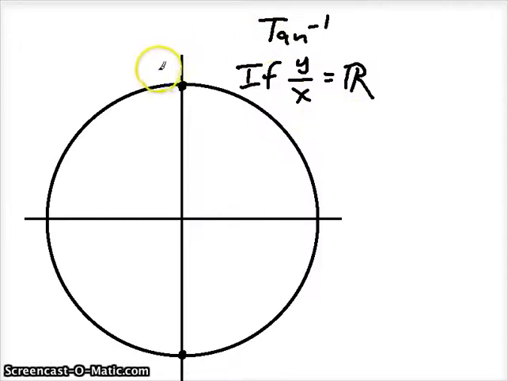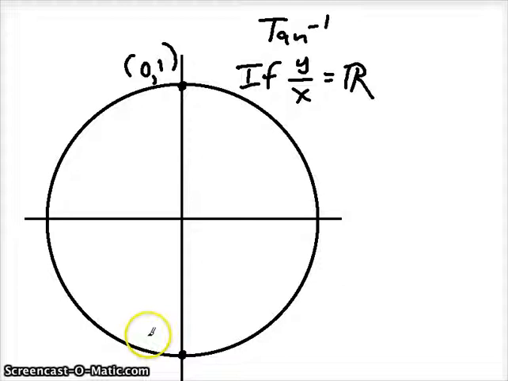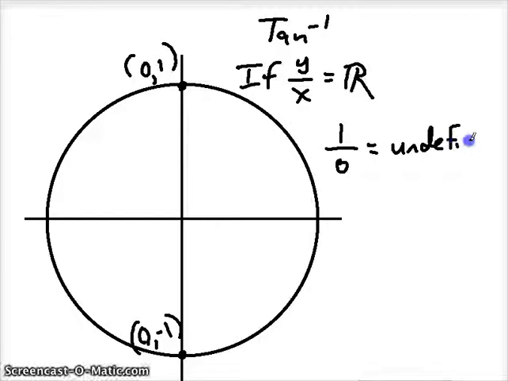So if we got our coordinates here, that would be a 0, positive 1 up there, and a 0, negative 1 down here. If I write the ratio of the y and the x value here, what I end up getting is 1 over 0. Now this is not a real number because this is an undefined ratio. It's an undefined fraction.